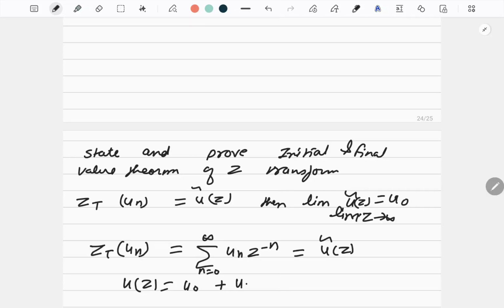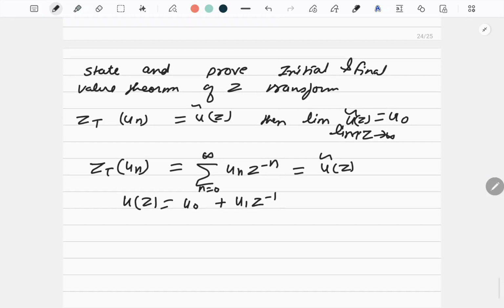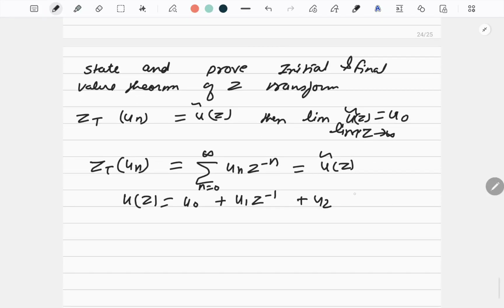Plus 1, so u1 z to the power minus 1 plus u2 z to the power minus 2. Correct? Now take limit z tend to infinity on both the side. So limit z tends to infinity uz is equal to u0 and u1 upon z. When you put z is equal to infinity, 1 by z becomes 0. So you are left with only u0 and your initial value theorem is done.